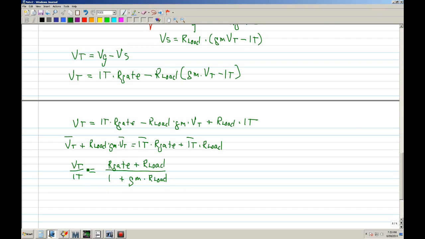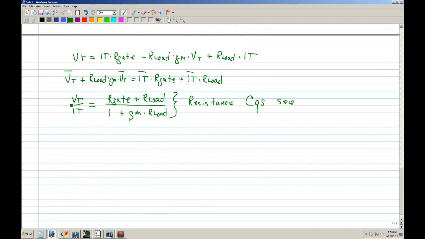And when I bring it all together and do a VT over IT, this is the resistance that CGS sees.